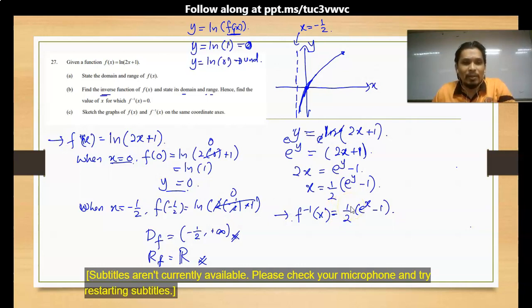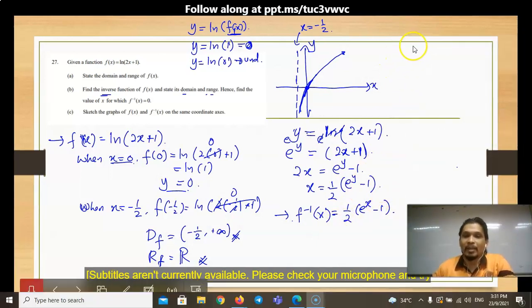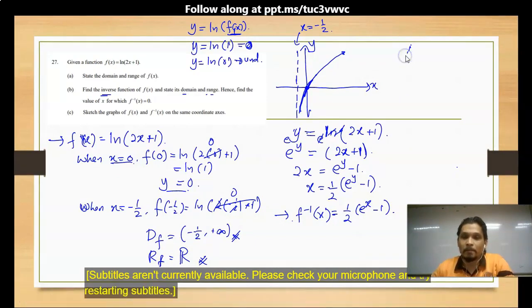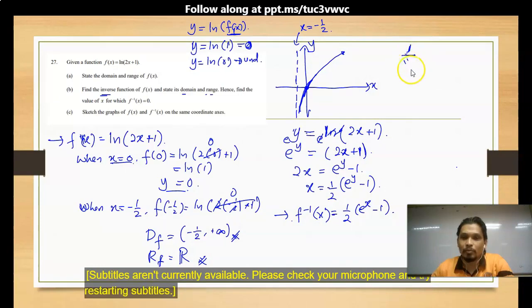Find the value of x for which f inverse equals 0. Okay, so f inverse equals 0, 1 over 2, e to the power of x.